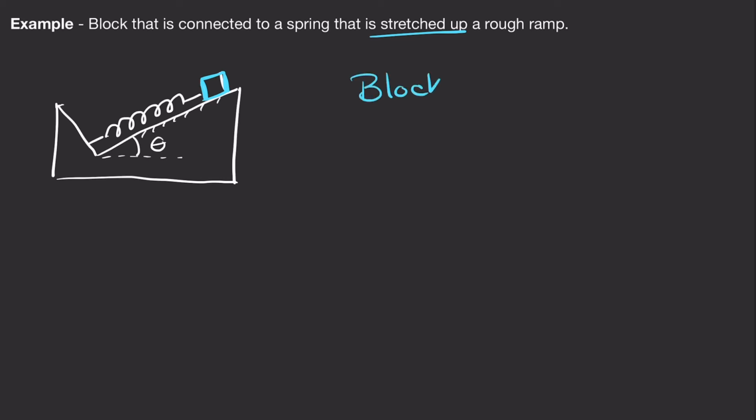So if we draw a free body diagram, again, we're going to have rotated coordinates. So I'm going to make my y perpendicular to the surface, and my x component is going to be along the surface. So you can pick whichever direction you want for positive x. My block is going to have a weight that is straight down, makes the same angle theta as the ramp does with the horizontal.